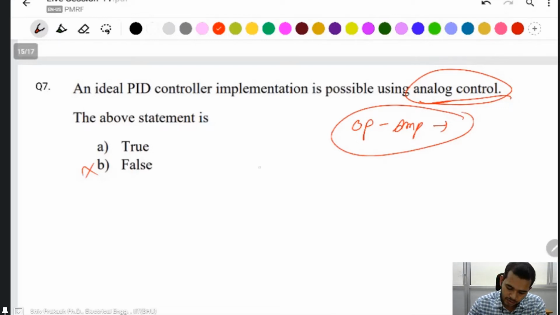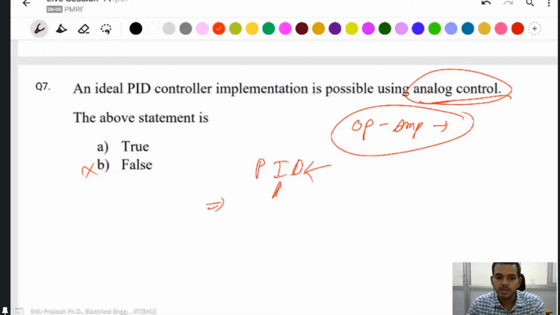You know about the PID controller. Proportional gain is okay, and the integrator is also okay, but when you differentiate the system, you differentiate the noise, then high frequency noise will come into the system, and the op-amp may have some limitation on bandwidth or frequency. That's why an ideal PID controller is not used.